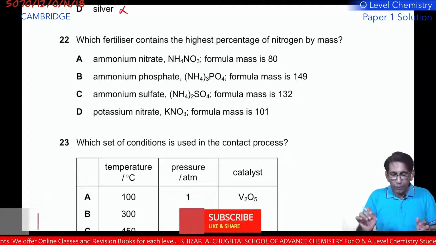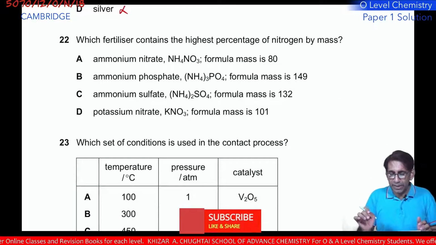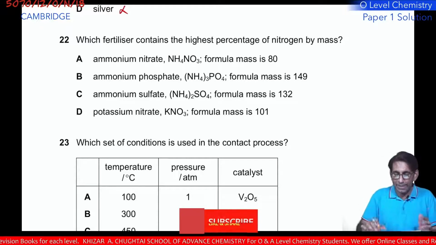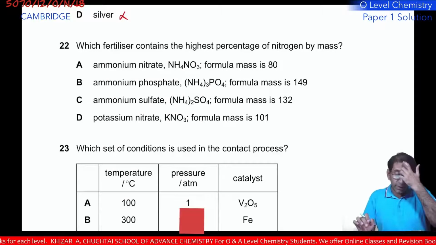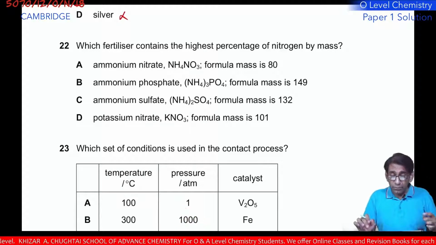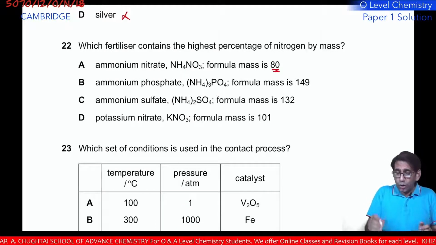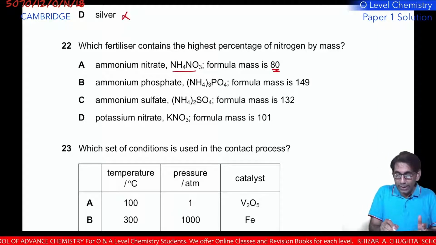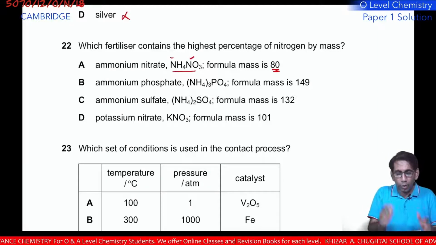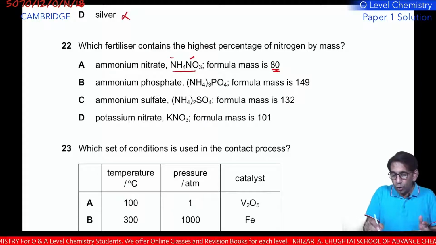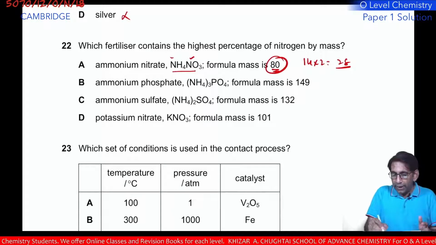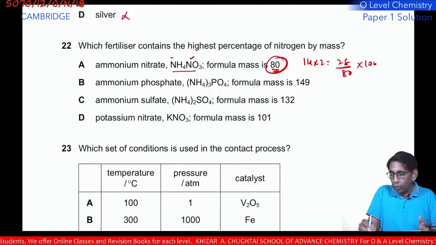Question number 22, which fertilizer contains the highest percentage of nitrogen by mass? This is a percentage question from stoichiometry and mole calculation. Formula mass is 80. So we are going to find the percentage by mass. In this case, 2 nitrogen atoms are there, so 14 into 2, 28 divided by 80 into 100.